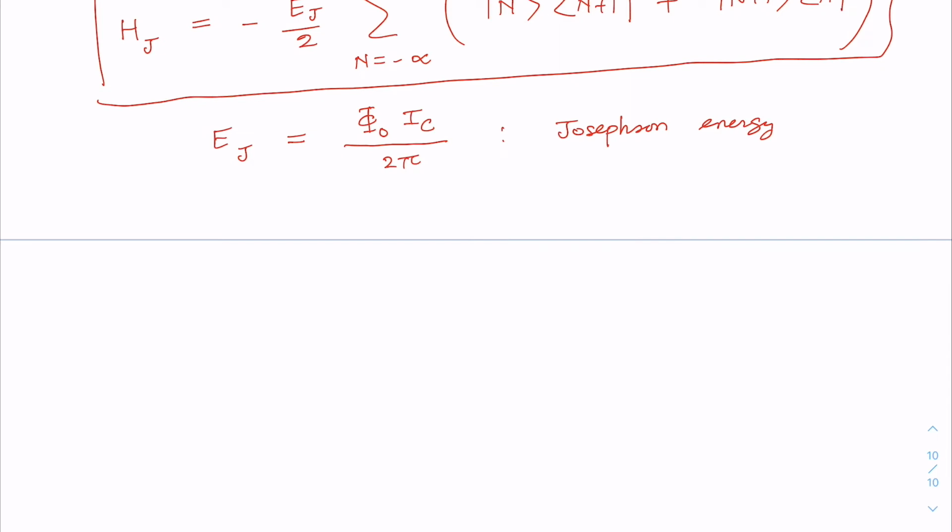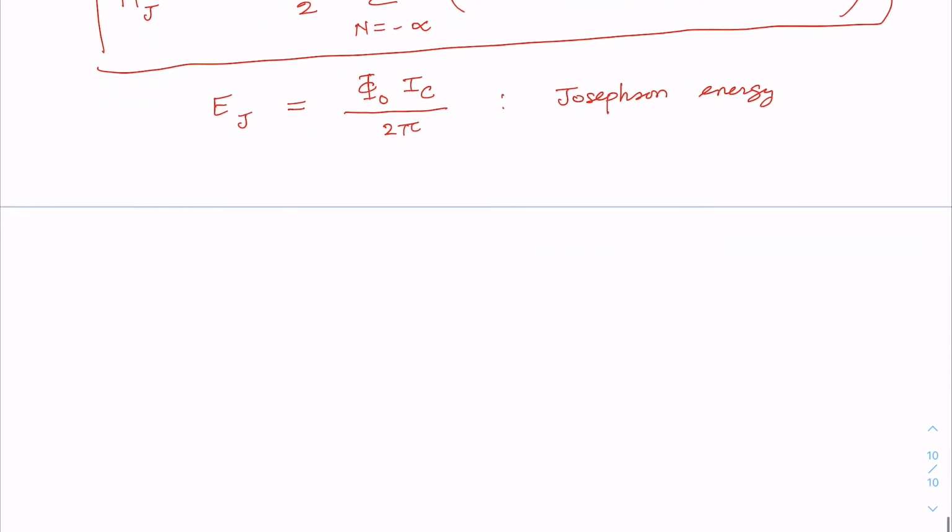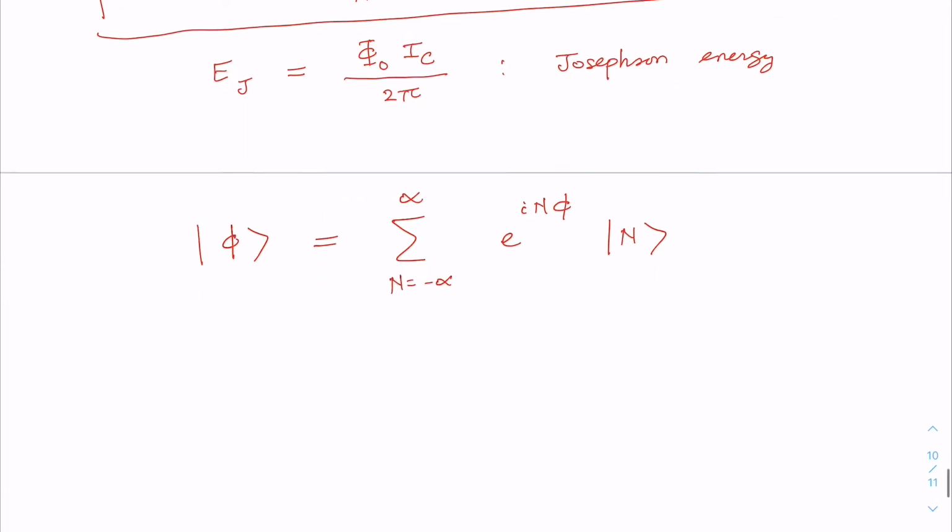So if we introduce a new basis state, where phi is the phase difference here, we are constructing a basis in terms of the number states, |phi> = sum over n of e^{i n phi}|n>. We defined a basis like this, with n going from minus infinity to plus infinity.